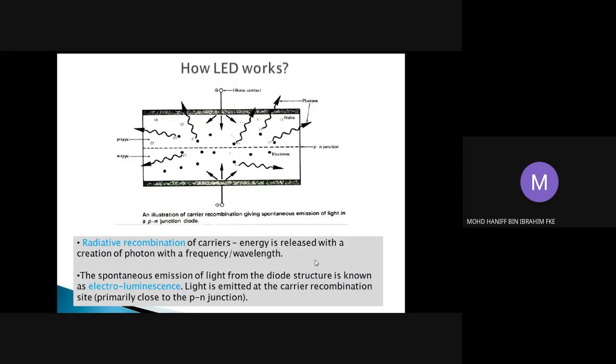Most of the light will be produced at the p-type semiconductor, because most of the recombination process occurs there. Electrons move from the n-type to the p-type, and at the p-type material the electrons and holes recombine and light is produced.